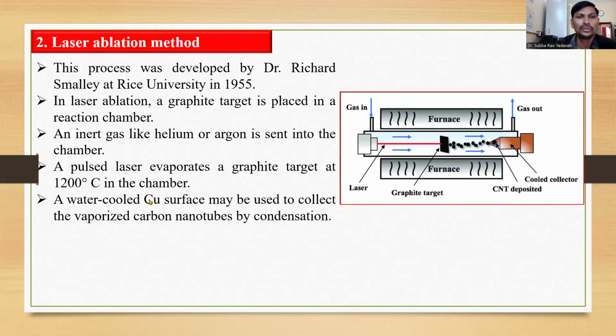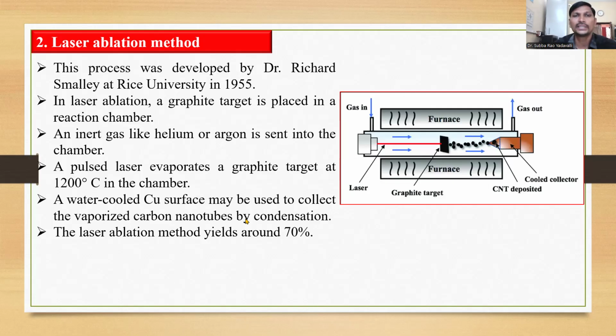So a water cooled copper surface may be used to collect the vaporized carbon nanotubes by the condensation process. After the vaporized particles are condensed, they will deposit on the surface of the collector.